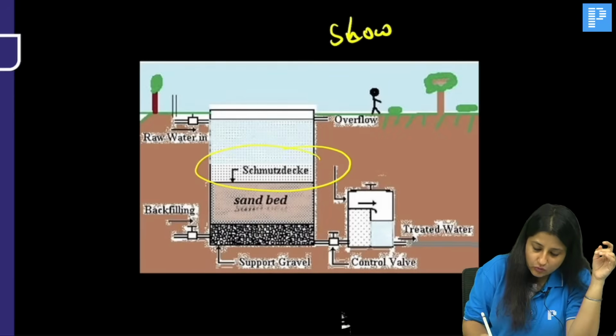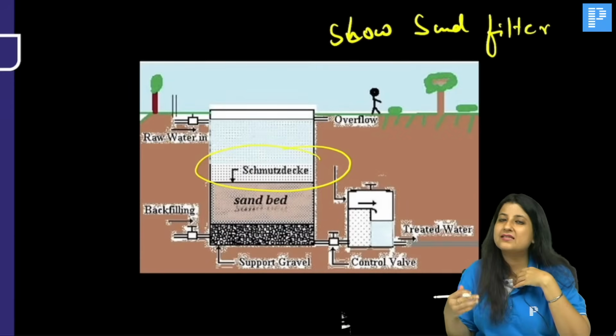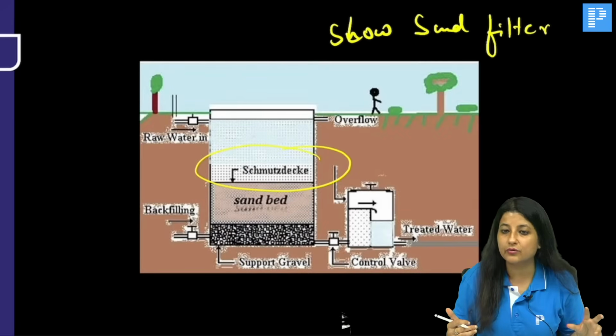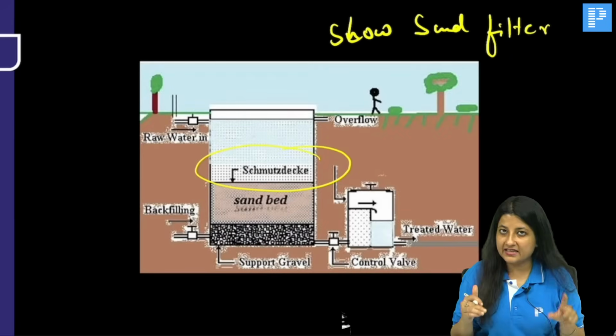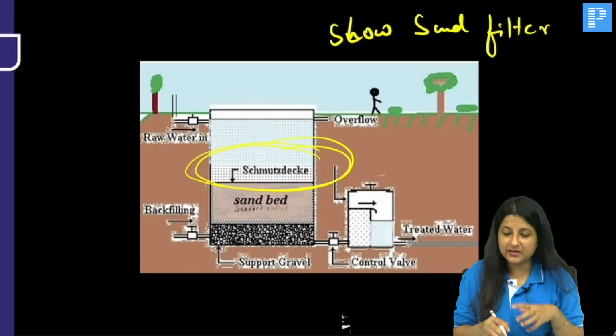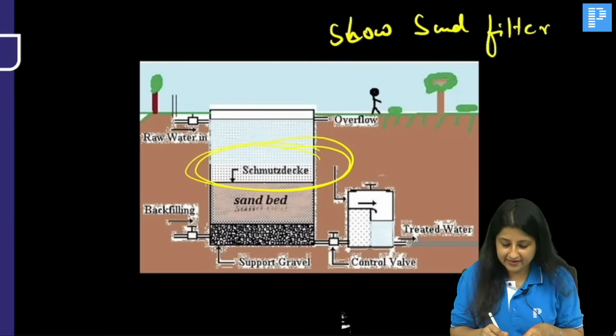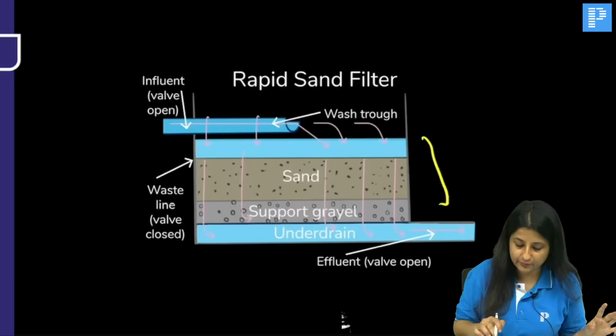In the slow sand filter. Slow sand filters occupy a very large space. They're kind of becoming obsolete. We rely more on rapid sand filters, guys. So you should be able to identify the image. If you see the Schmutzdecke layer, biological layer, Zoogleal layer, all right, this growth, it is a slow sand filter. But if you don't see it, it is a rapid sand filter.